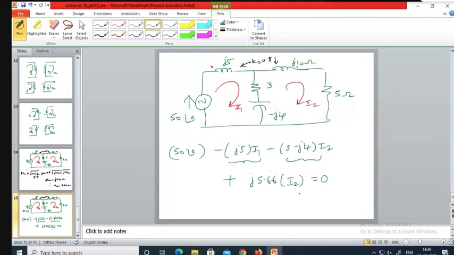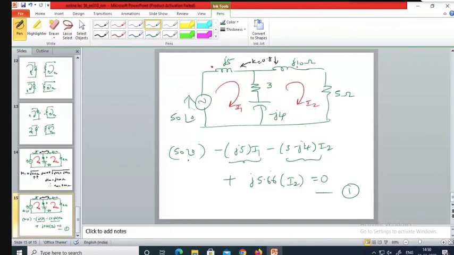Now if you simplify it, you will get one equation, equation number 1. Let me repeat it. 50 angle 0 is the voltage rise.